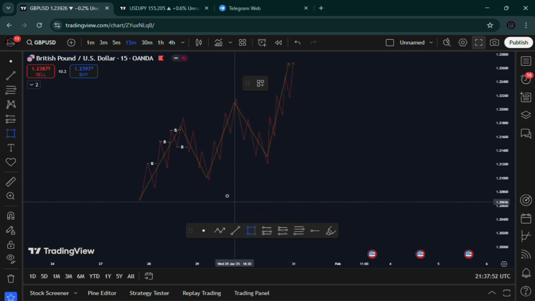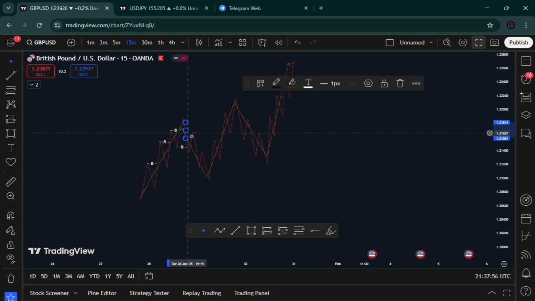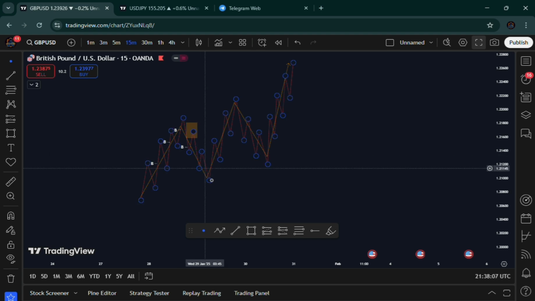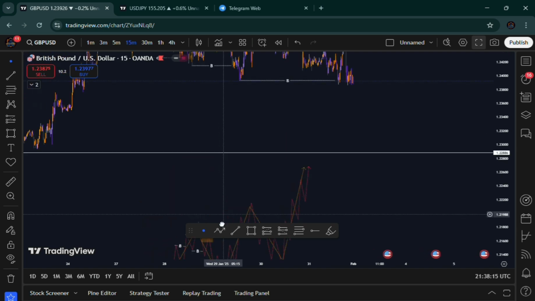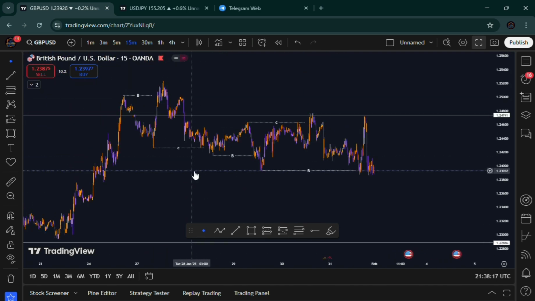You do have to look out for the last level where the institution, probably the Asia, London, New York, or New York AM session, left the last order in the market, because this is where the next session would like to pick a sell order and continue in the intended direction before they continue to the overall market direction. So that leads us to this market structure here on GBP/USD.